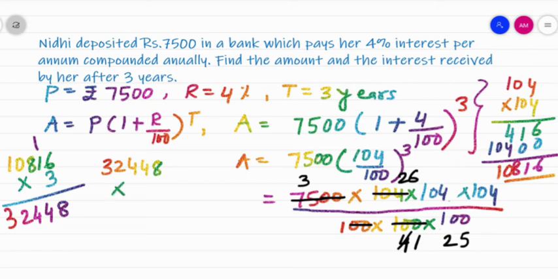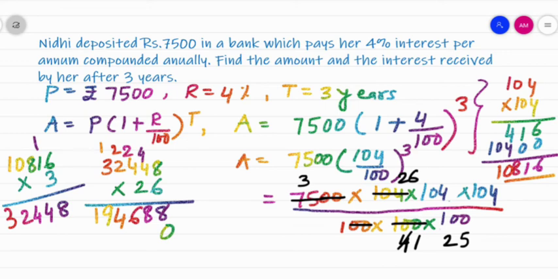Then this 32448 multiplied by 26. 6 8s are 48, 4, 6 4s are 24 and 4 is 28, 2, 6 4s are 24 and 2 is 26, 2, 6 2s are 12 and 2 is 14, 4, 1, 6 3s are 18 and 1 is 19.